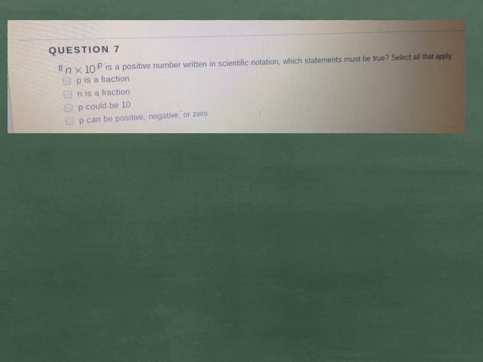P can be positive, negative, or 0. The answers for this one are that P could be 10 and P can be positive, negative, or 0. So P could pretty much be anything and it'll work out. It's going to be a positive number because N would need to be a positive number.